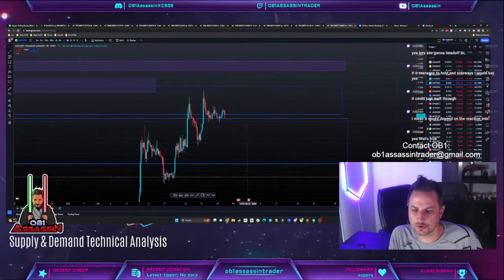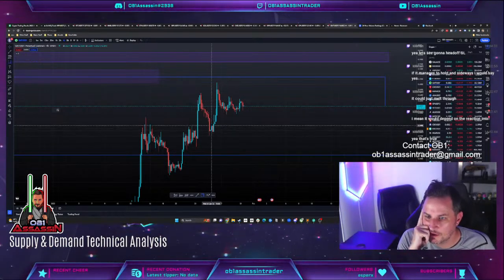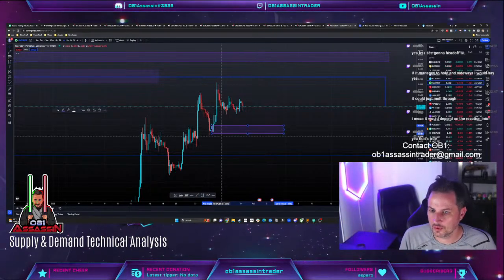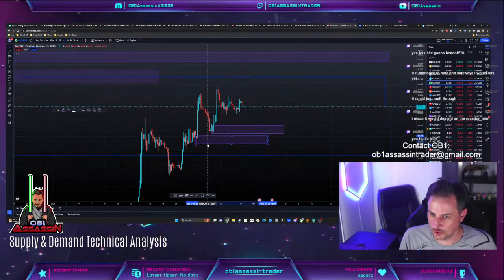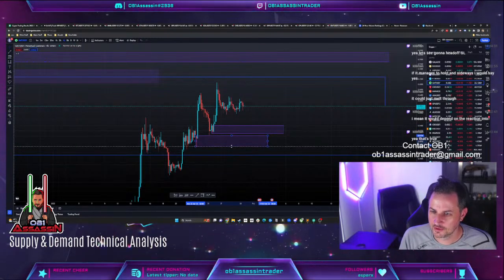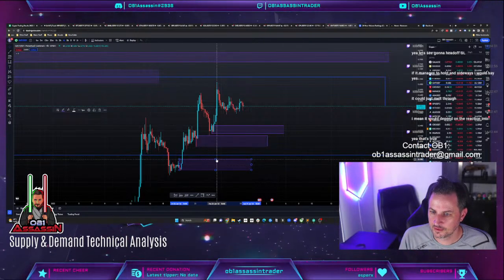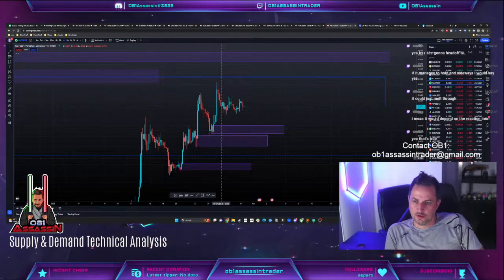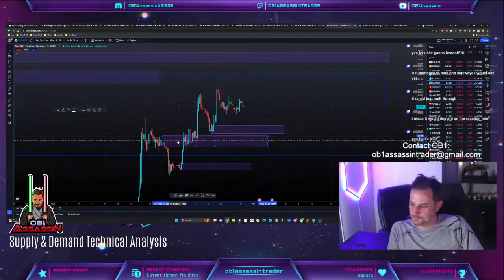Now in terms of current structure, we have a lovely big order block right here. Unmitigated, fresh, local order block. This order block looks like it came from a breaker block over here.